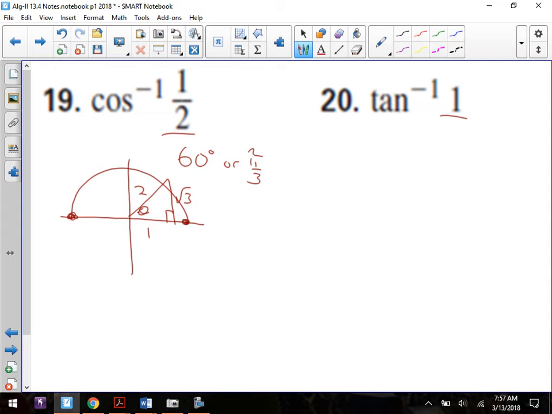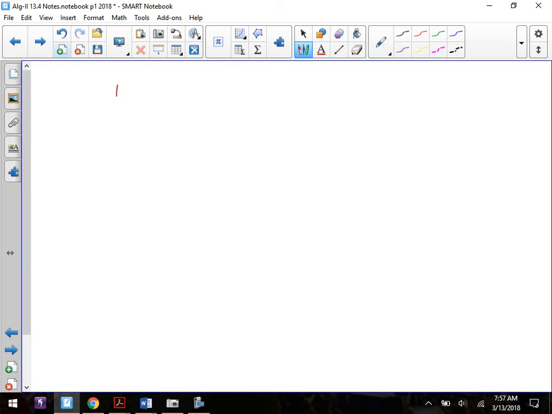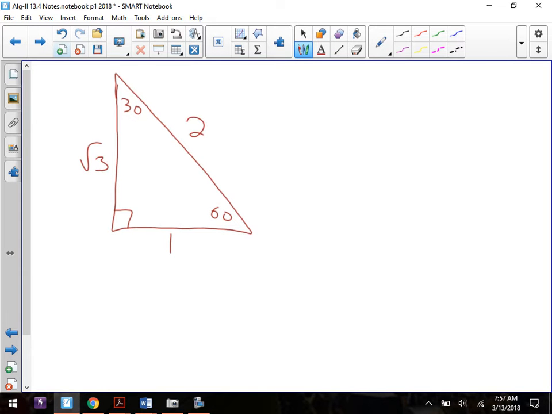Remember, when you're dealing with these, you're looking at placing your theta so that this is your adjacent, your hypotenuse, because this stands for what angle has the cosine value of 1/2. So you have to think between the two triangles that you have. You've got your 30, 60, 90, so it's 1, root 3, and 2.